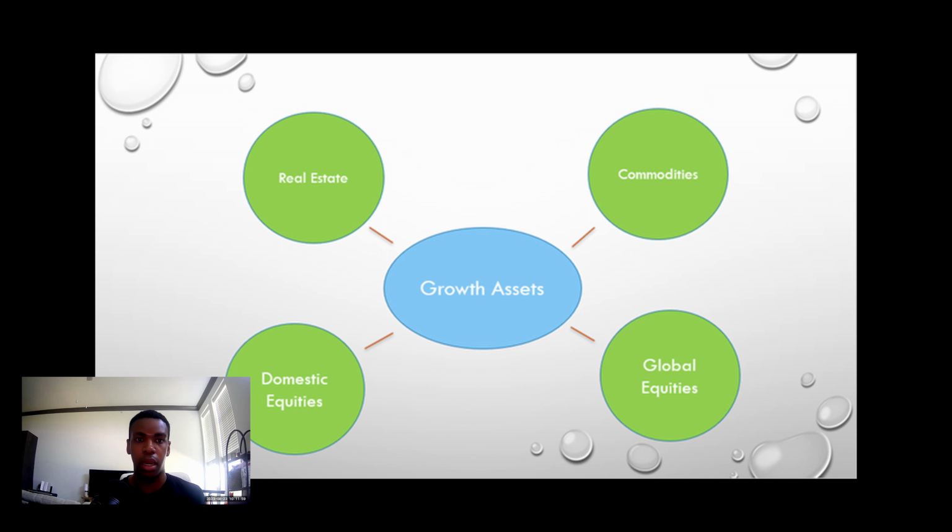Now, commodities are products that are bought or sold on price. Gold, silver, oil, natural gas, wheat are some of the most popular commodities for investors to trade.